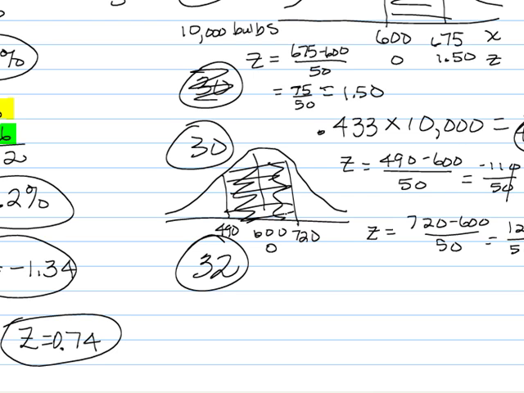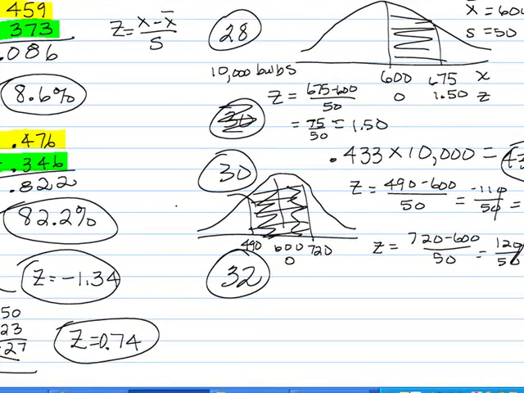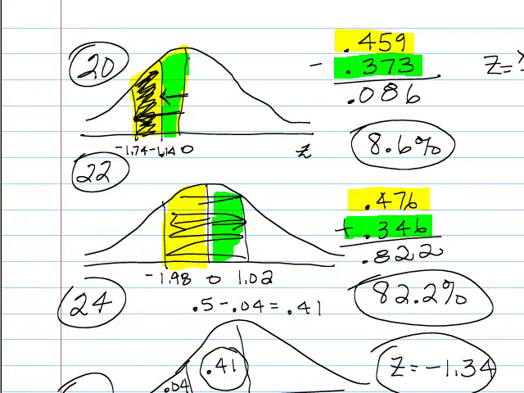So first of all, negative 2.2, we'll look up 2.2. 2.20 would be 0.486. And that part, I want to look up 2.4. So I had 2.2, let's go to 2.4.